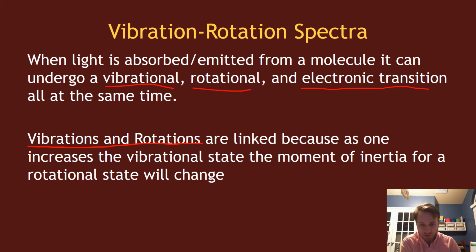You can think of the reason why: changing your vibrations, say in a diatomic molecule here, HCl, I change the distance between the H and Cl, and that changes its moment of inertia, which is the reduced mass times the separation distance squared. So as this is vibrating, the moment of inertia is changing.